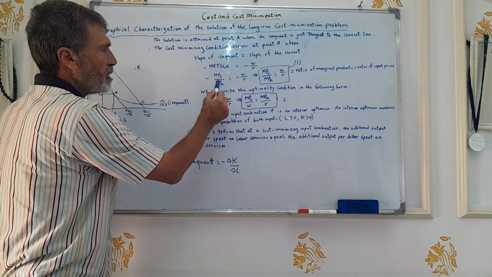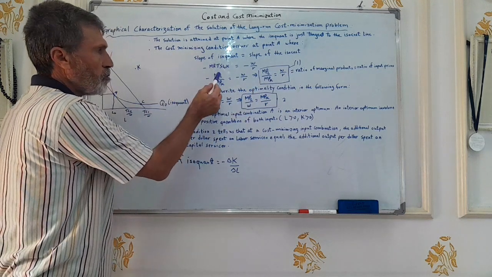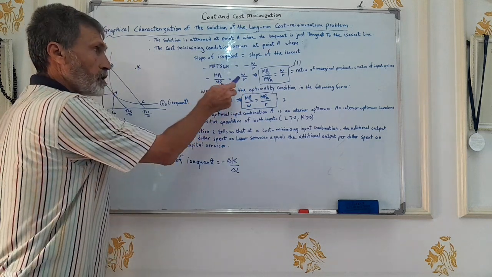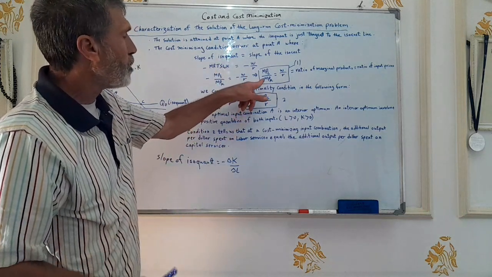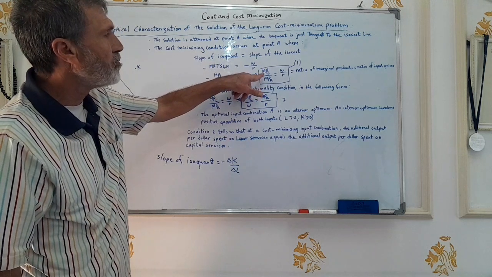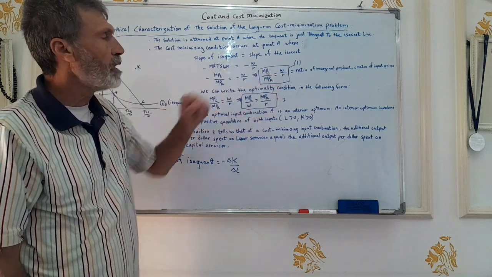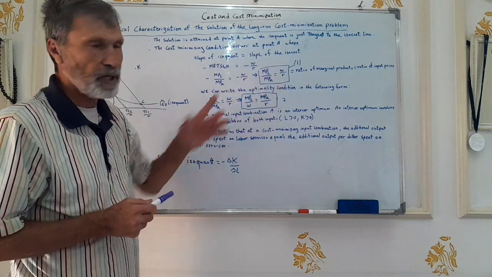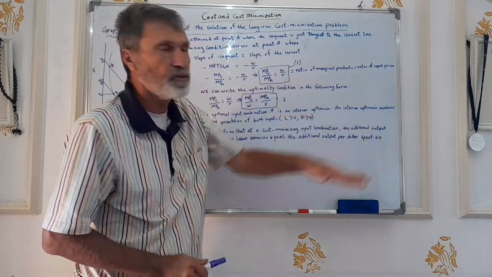We put them over here, so you get minus MPL over minus MPK equal to minus W over R. Taking away the negative sign, we get the ratio of the marginal product of labor to the marginal product of capital equal to the ratio of the wage rate over R, W over R. So the ratio of marginal products is equal to the ratio of the input prices.